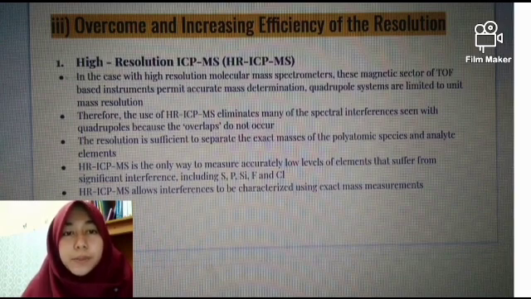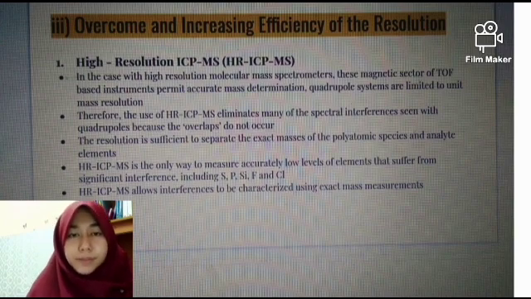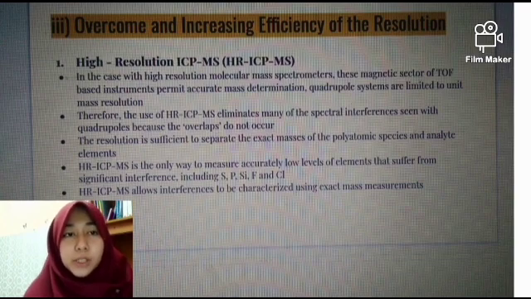HR-ICP-MS is the only way to measure accurately low level of elements that suffer from significant interference, including sulfur, phosphorus, silicon, fluorine, and chlorine. HR-ICP-MS allows interference to be characterized using exact mass measurement.